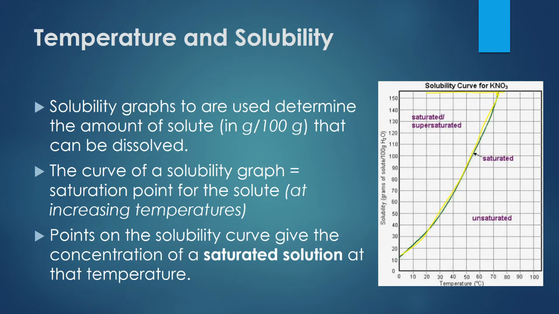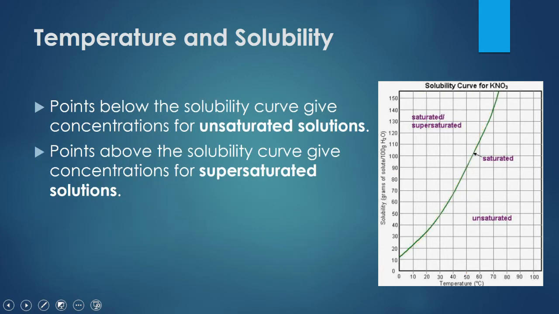So for example, if I go to 50 degrees Celsius, I see that in 100 grams of water, I can dissolve 90 grams of KNO3. And looking at this graph, anything below this area here, we'll say it will be unsaturated.